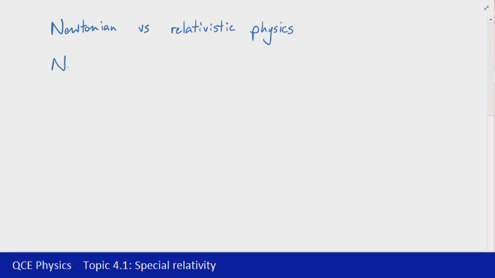Now, the idea of Newtonian physics is that it describes everything that we see around us. It's sometimes referred to as classical mechanics as well, so all of those concepts that we've covered up to this point in time, and does a really good job of explaining all of the phenomena that we can see around us, all of the interactions of mass and matter, and the forces that act on them.